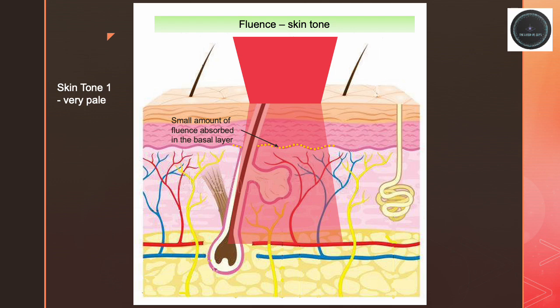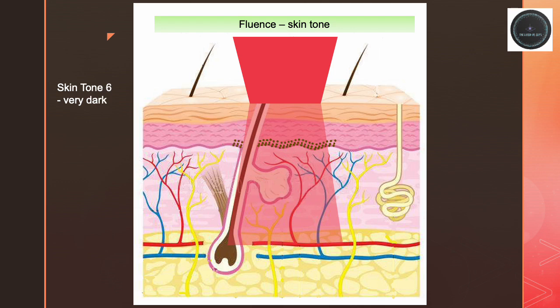It might only be a few percent, but it will be absorbed in the basal layer. Incidentally, the basal layer will also absorb any backscattered light too, not just the forward scattering, but also the backscattered. So that means that most of the energy that we fire in will reach the dermis, because the basal layer will not absorb too much of that energy.